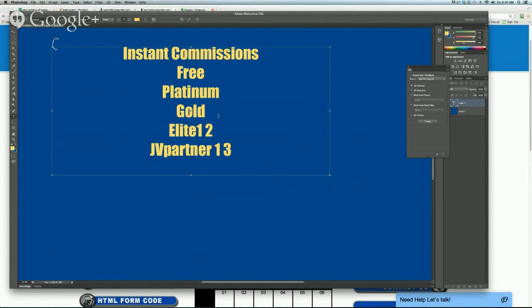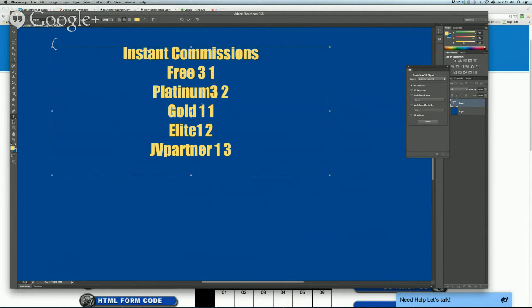Gold is 1 for the owner and 1 for you, that's 50%. Platinum is a little different because platinum is 40%, so it's 3 for the owner and 2 for you. And free is 25%, which is 3 for the owner and 1 for you.